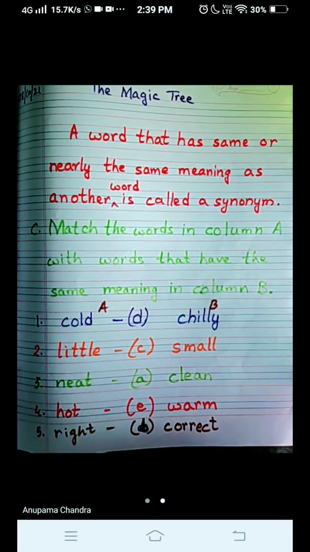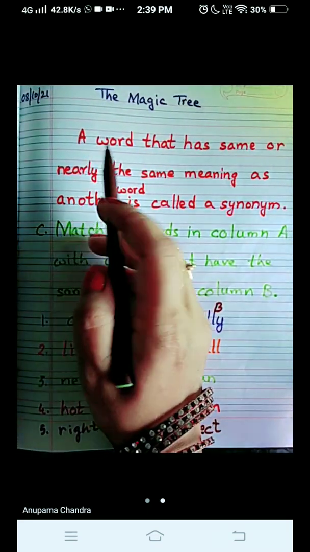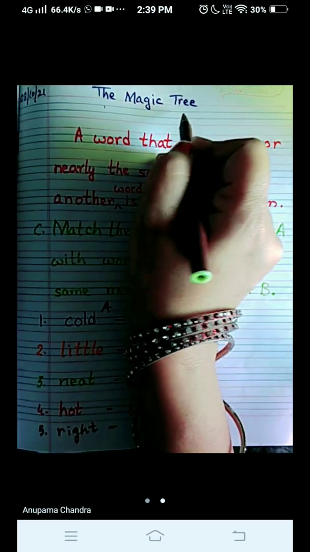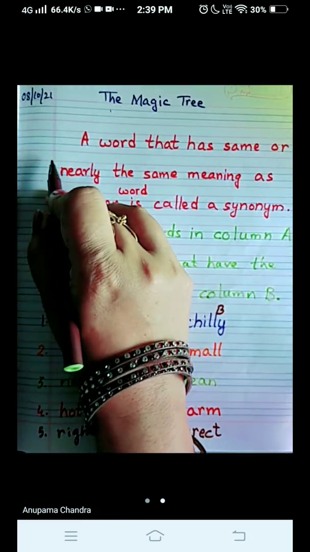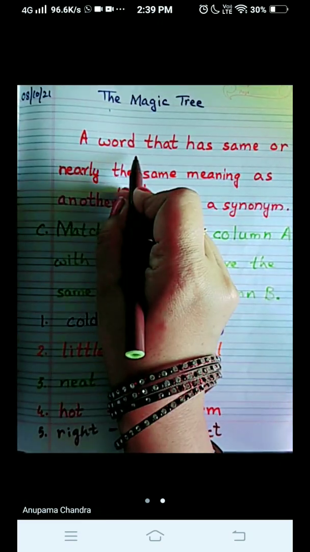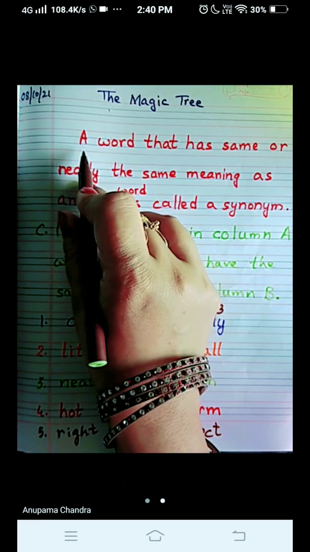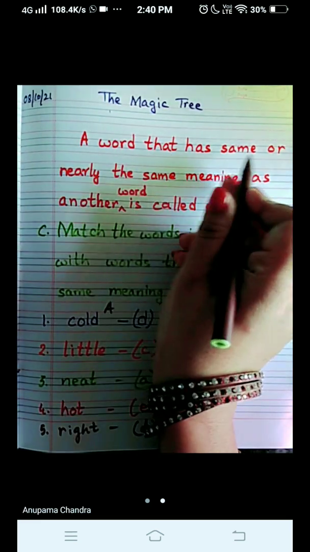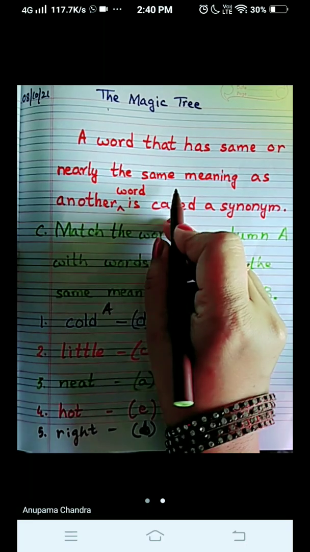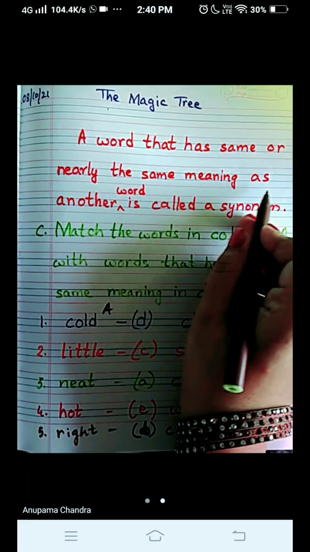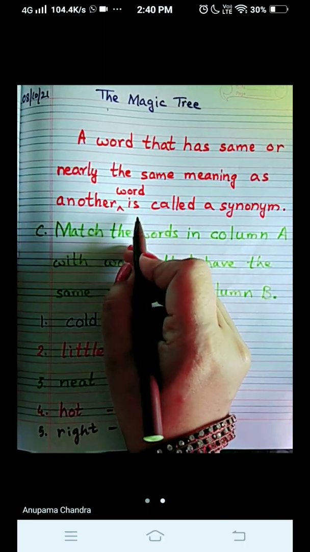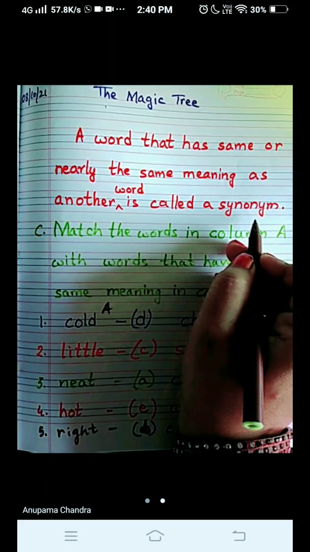Let's repeat it once, children. Chapter name is The Magic Tree. You can repeat after me, children. A word that has same or nearly the same meaning as another word is called a synonym.